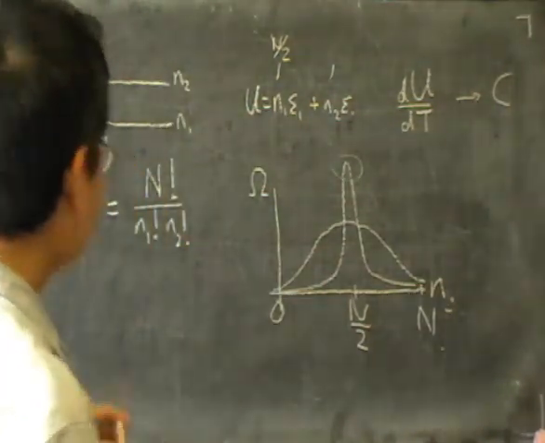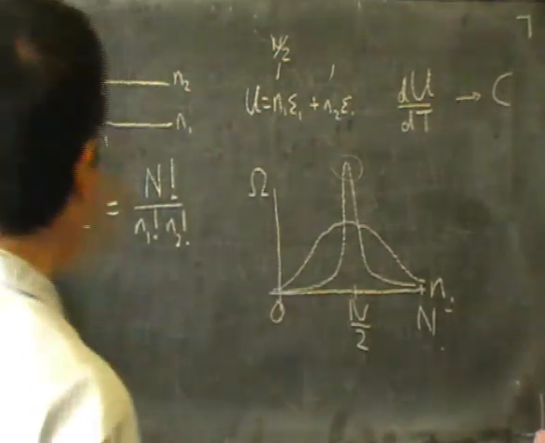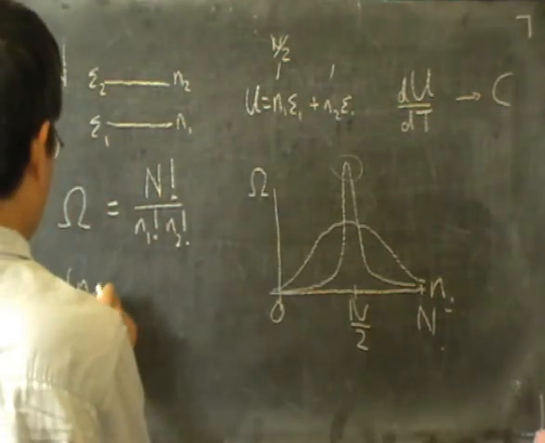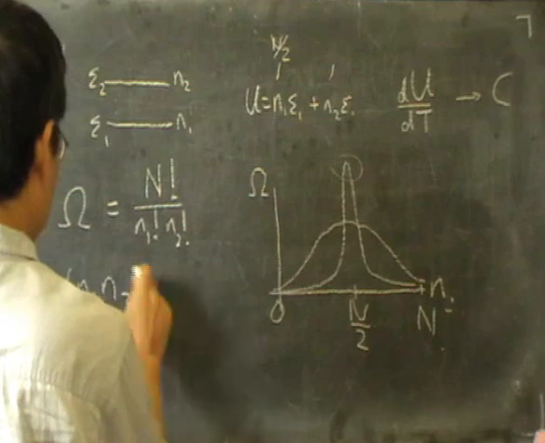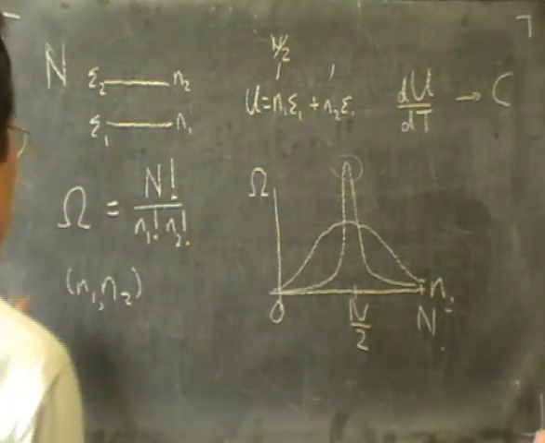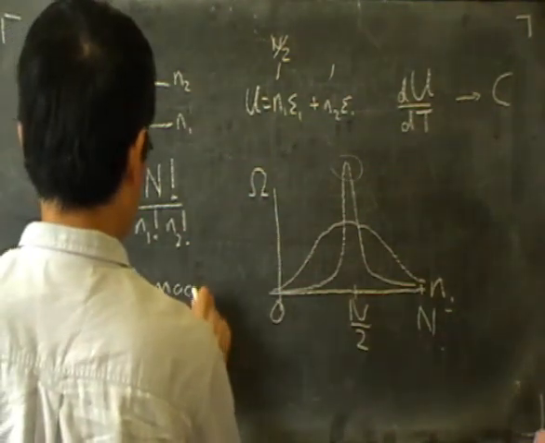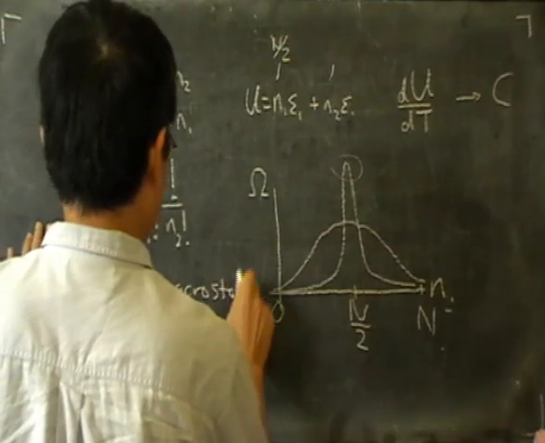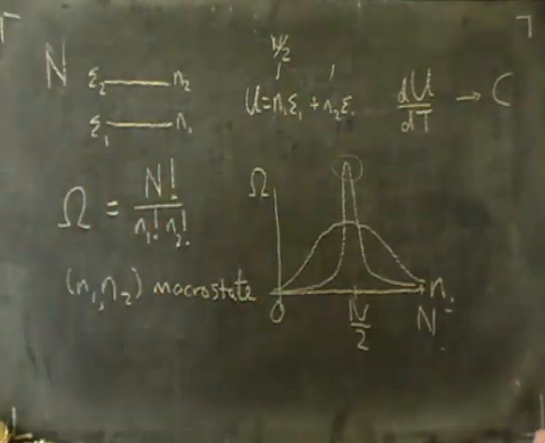That combination of numbers, n1 and n2, is called a macrostate.